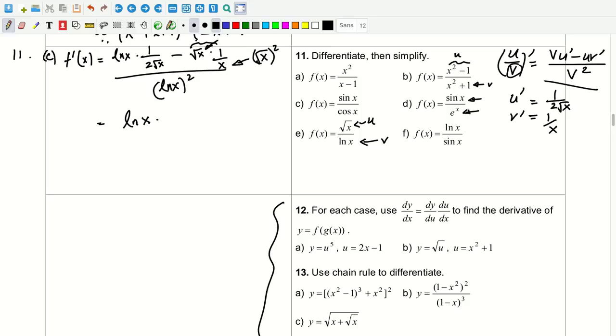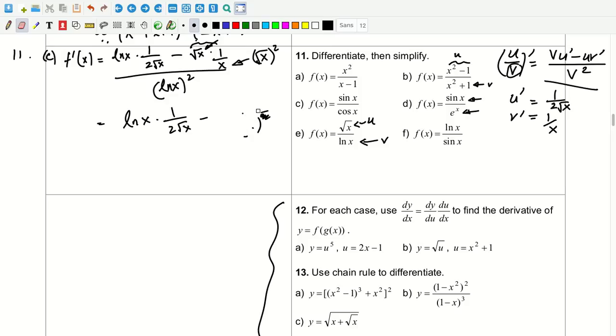So I'm going to show you what I mean. 1 over 2 root x minus 1 over root x. Actually I should just show it to you just so you're not freaking out: 1 over root x squared. The square of root x is x, so there's nothing wrong with doing this. Now I can cancel, and I just get 1 over root x.